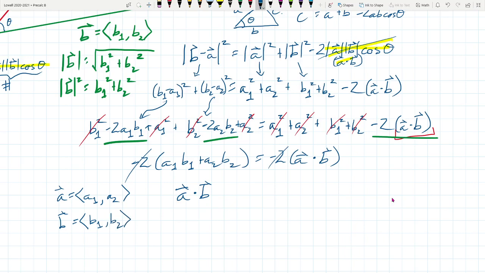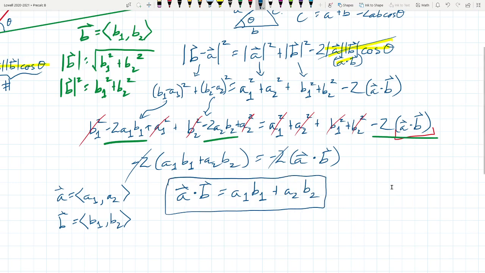Notice that to get their dot product, the actual value of it, all you have to do is take their first components, multiply them together, then add to that the product of their second components, a2 b2. I just think that this is kind of beautiful.